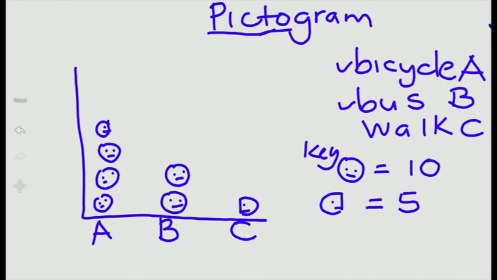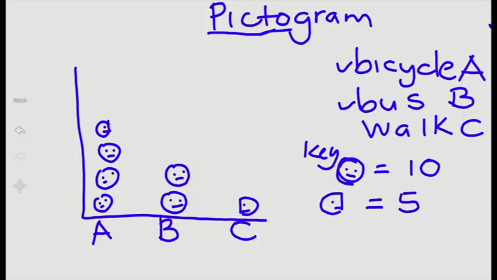And then from this information or from these pictures or symbols that have been drawn, you can tell how many pupils use a bicycle as the mode of transport to school, and how many pupils use the bus, and how many pupils walk to school.